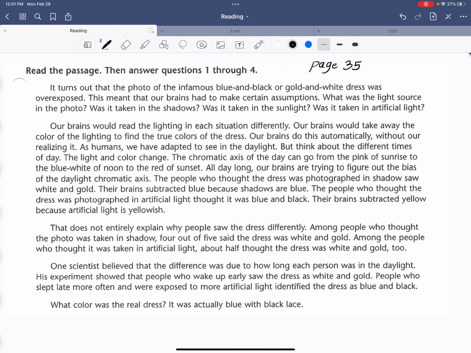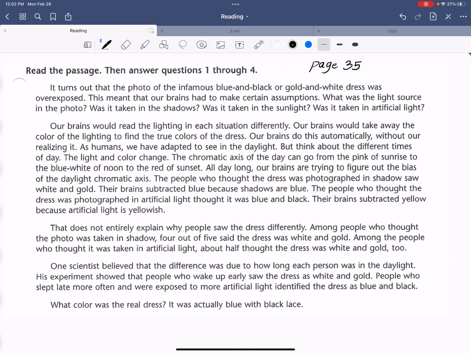Was it taken in artificial light? Our brains would read the lighting in each situation differently. Our brains would take away the color of the lighting to find the true colors of the dress. Our brains do this automatically without our realizing it.